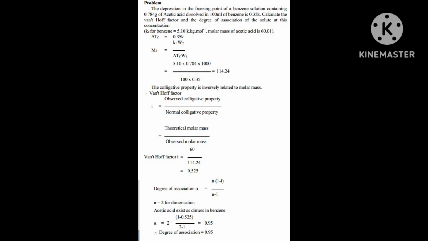Now you know that 1 mole of acetic acid will give 1 mole of acetate ion and 1 mole of hydrogen ion.